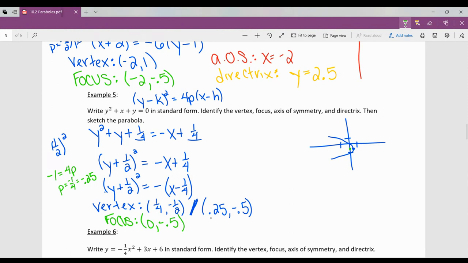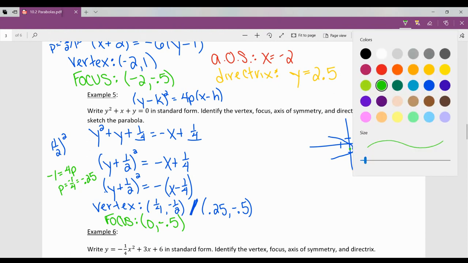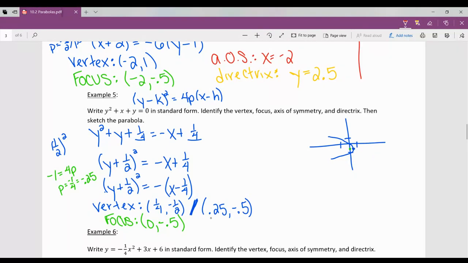All right, so now my axis of symmetry cuts through the center. And so it's a horizontal line, so that's going to be y equals, and y is equal to negative 0.5. My directrix is 0.25 in the other direction, so 0.25 away from your vertex.